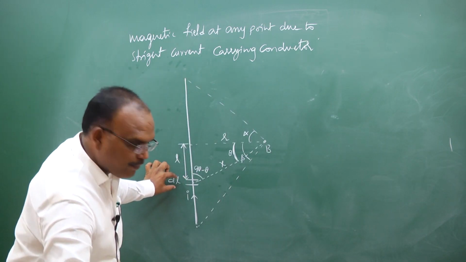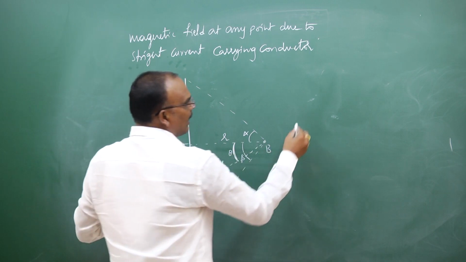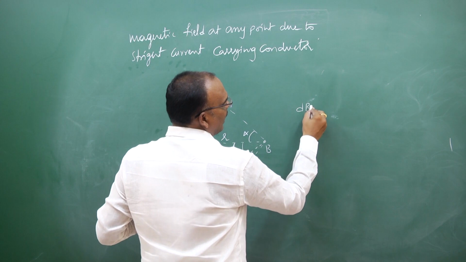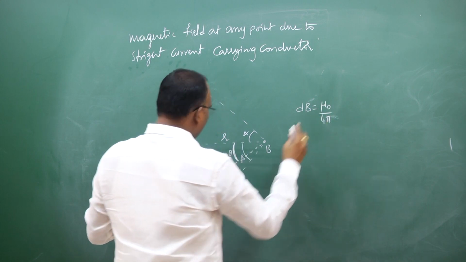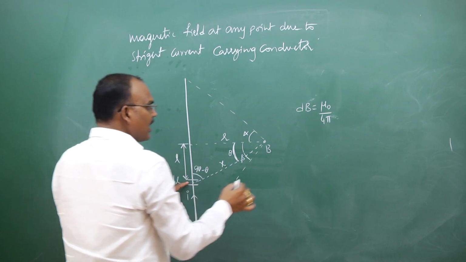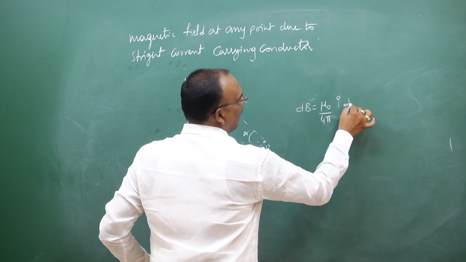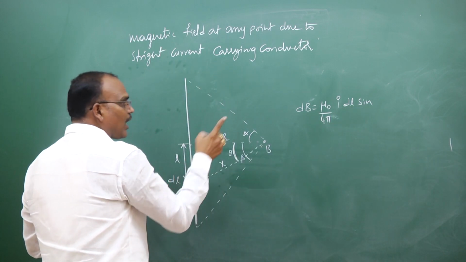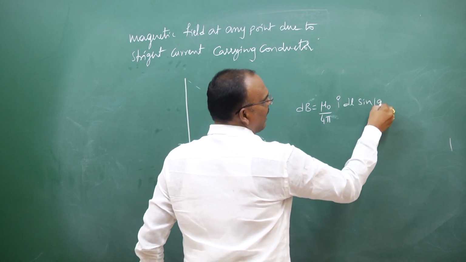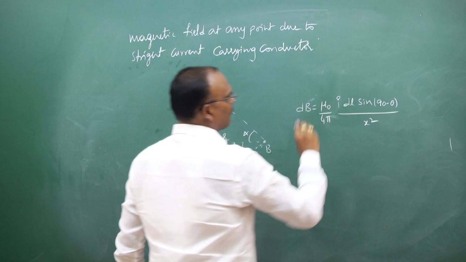So the magnetic field at this particular point due to this elemental conductor can be written as dB is equal to mu naught by 4 pi, the current passing through this elemental portion is I, length of the elemental portion is dl, into sine of 90 minus theta, divided by x square.